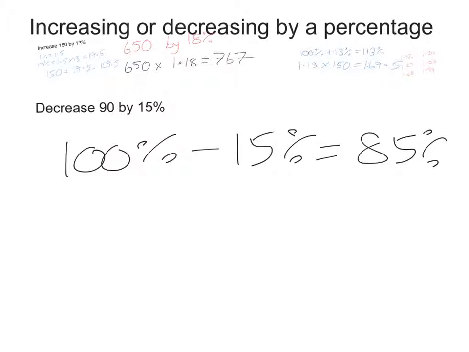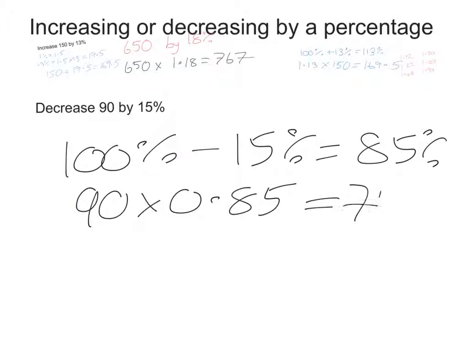So 85% as a multiplier would be 0.85. So I would do 90 times 0.85, and that is 76.5. So when you're decreasing, it's not as simple as 1 point the percentage.